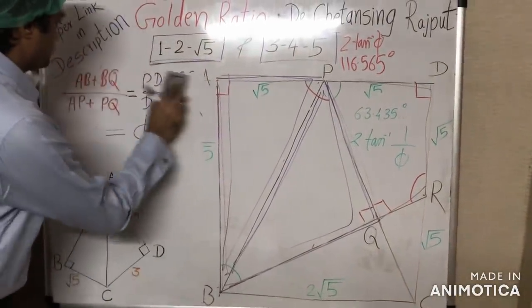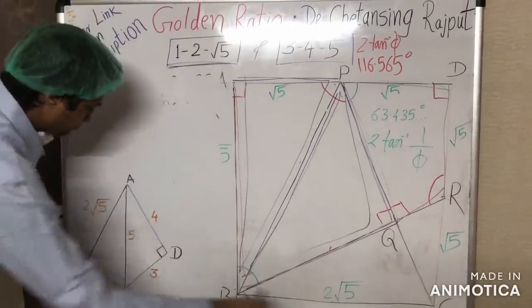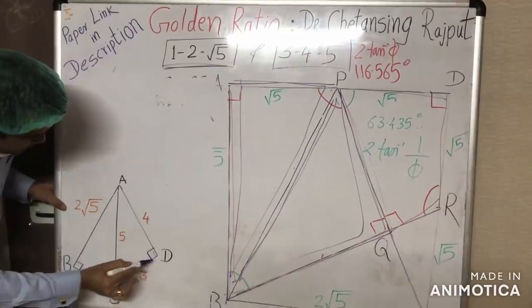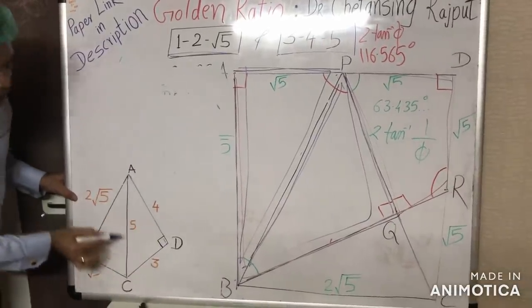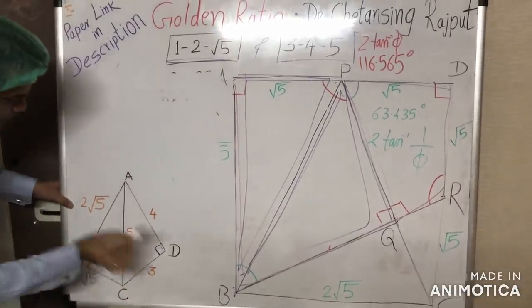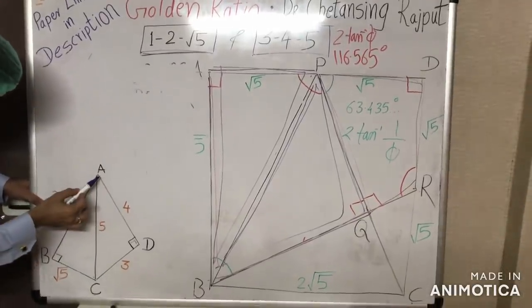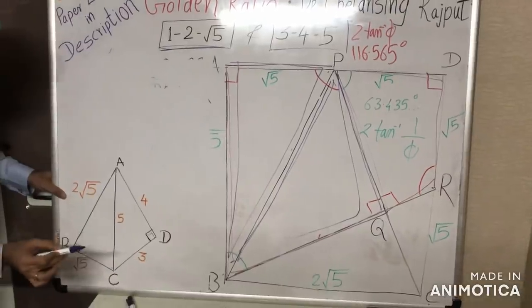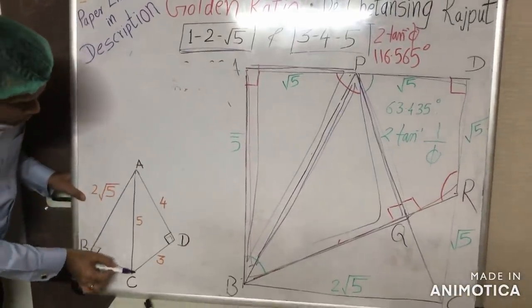Let me elaborate. Consider here, in this diagram, this triangle ADC is a 3, 4, 5 Pythagorean triple. Okay, this is a right triangle. And this triangle ABC is a 1, 2, root 5 triangle of equivalent size. This is the common hypotenuse.